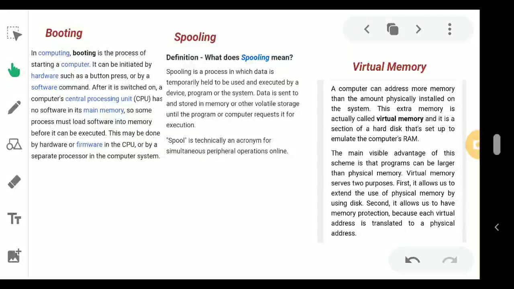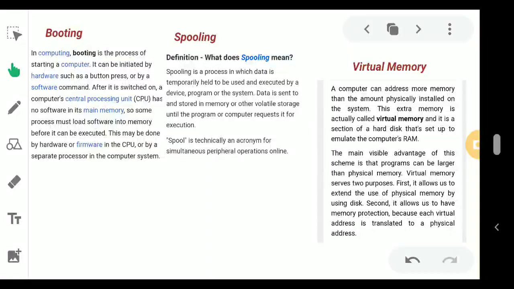After starting the computer, the instruction register, that is IR, is automatically loaded with a predefined memory location from where the execution of instructions starts. The primitive bootstrap program is stored in the ROM, and it is located at this memory location.